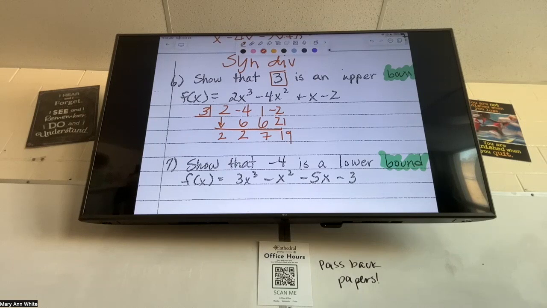I don't even need to rewrite this as a polynomial expression, okay? All that matters is the numbers on the bottom, okay? We did our synthetic division.